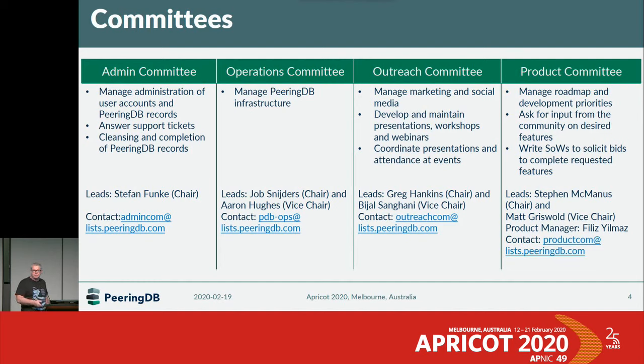They have to deal with each new request. If you want to enter something in PeeringDB, be it an ASN, a new facility, or an IXP, this automatically creates a ticket for the admin committee, and they have to deal with it. Of course, we also have an infrastructure, and this is what the operations committee takes care of.